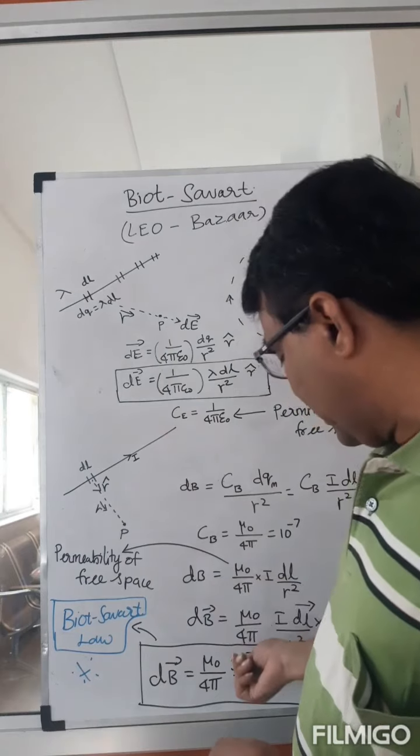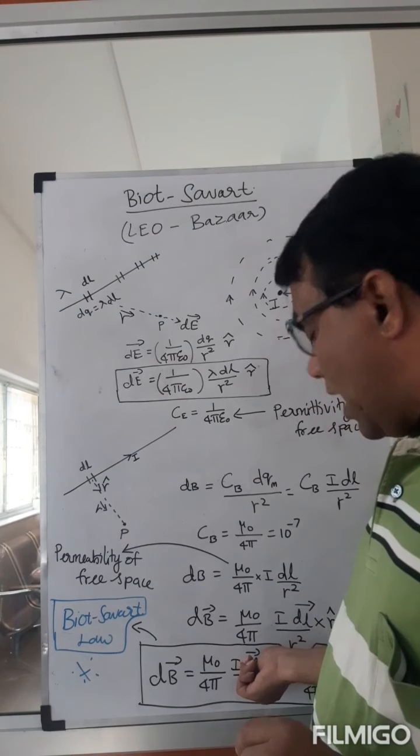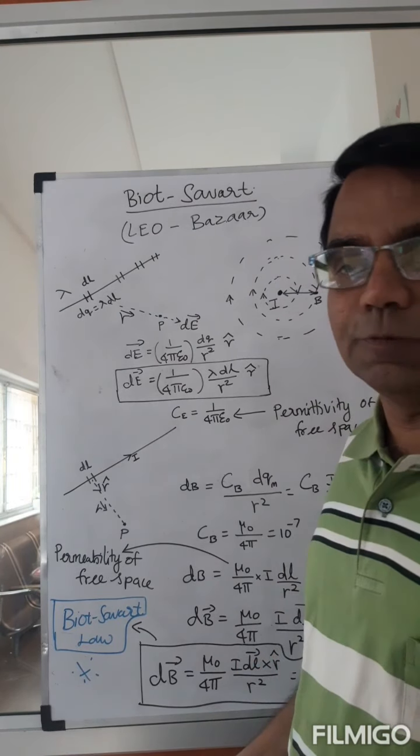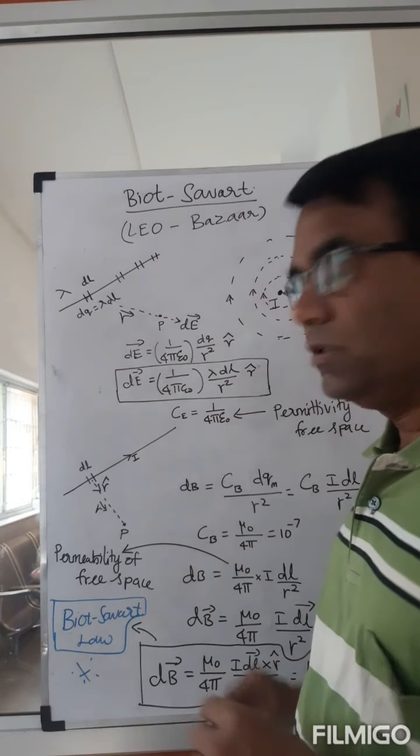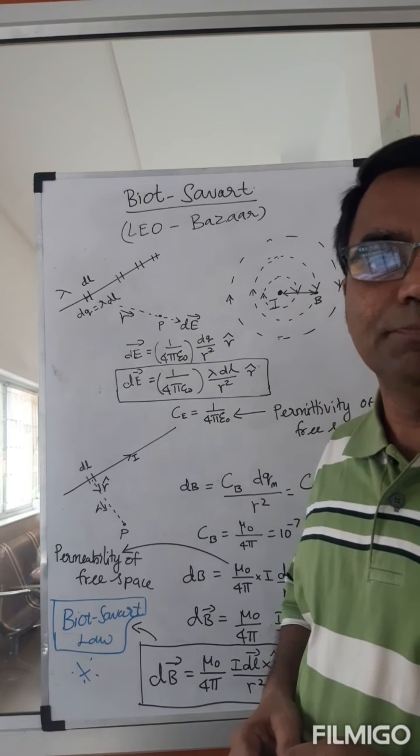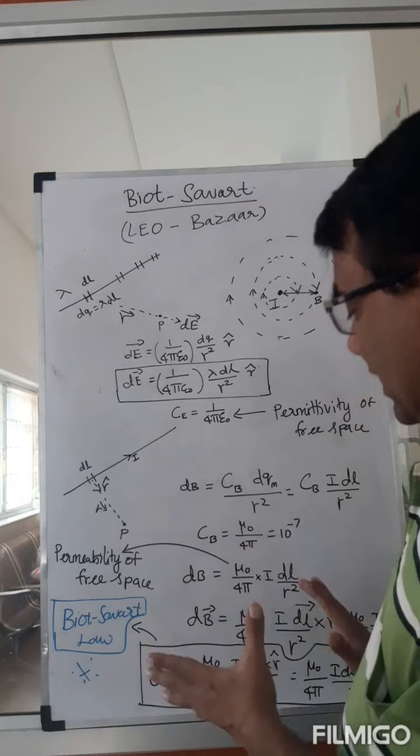So, this I dl is called as a current element. So, Biot-Savart law helps you do this. Hope you understand this law.